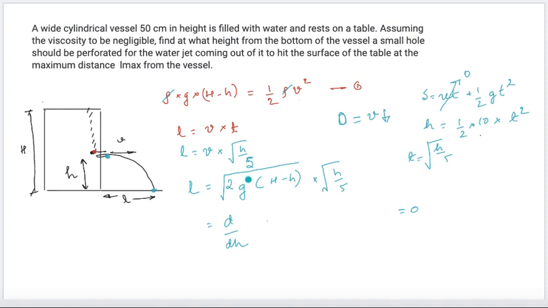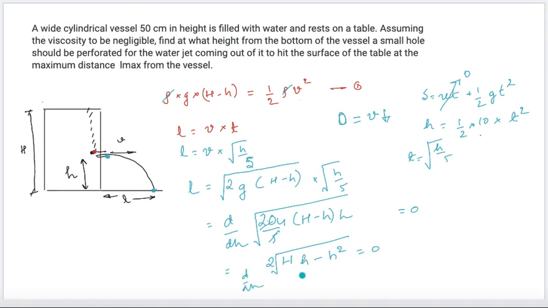So g is 10, so 2 into 10 by 5 is 4, right. So this will be root over 4 into capital H into h minus h square, d of dh is equal to 0.